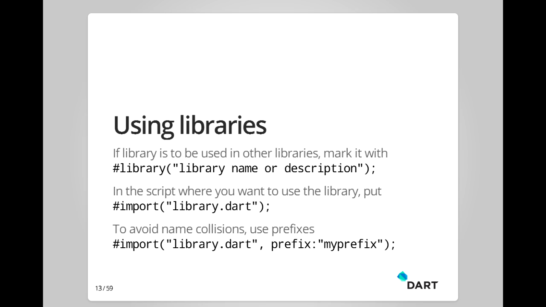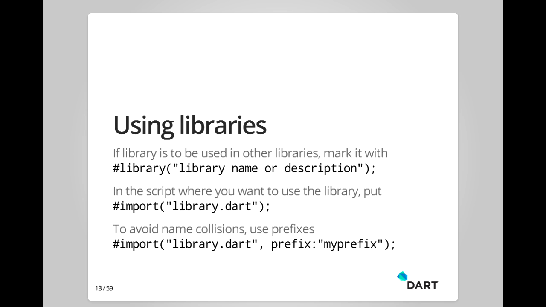So how do we use libraries? For example, we have a file with some classes, and we want to use this file in other scripts. We just put a #library directive with some name or description, it doesn't matter what we put there. And in the files where we want to use this library, we use #import and pass the Dart script file as a parameter.